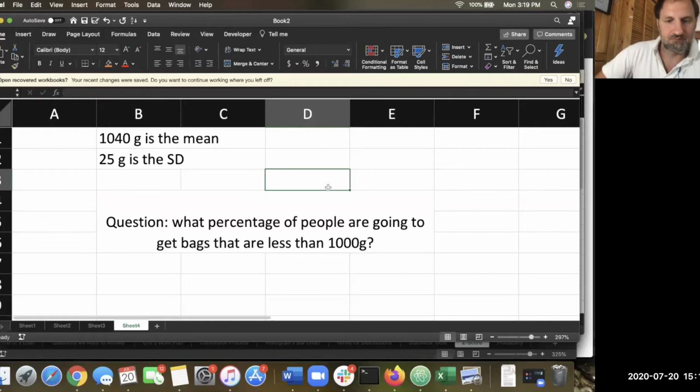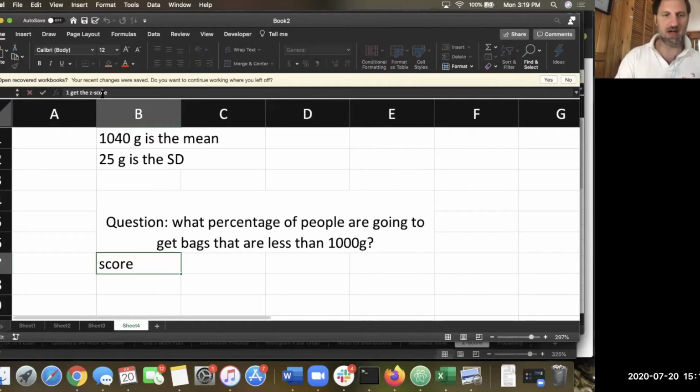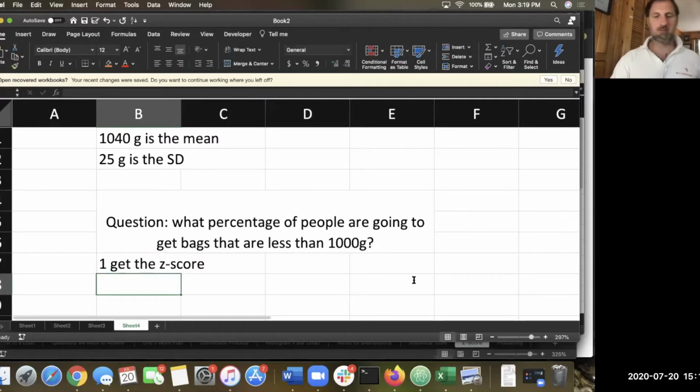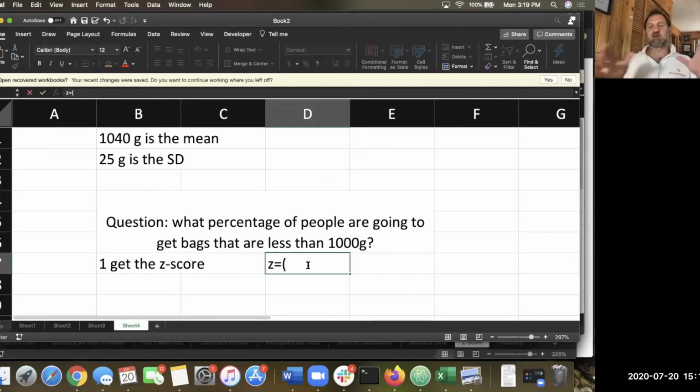Okay, so first thing we do is get the z-score. Now, if you look at your formula sheet, you'll find on the back a place where it says z equals. And so that's what I want to show you here. The problem is that it's all written in symbols, so you need to interpret it.